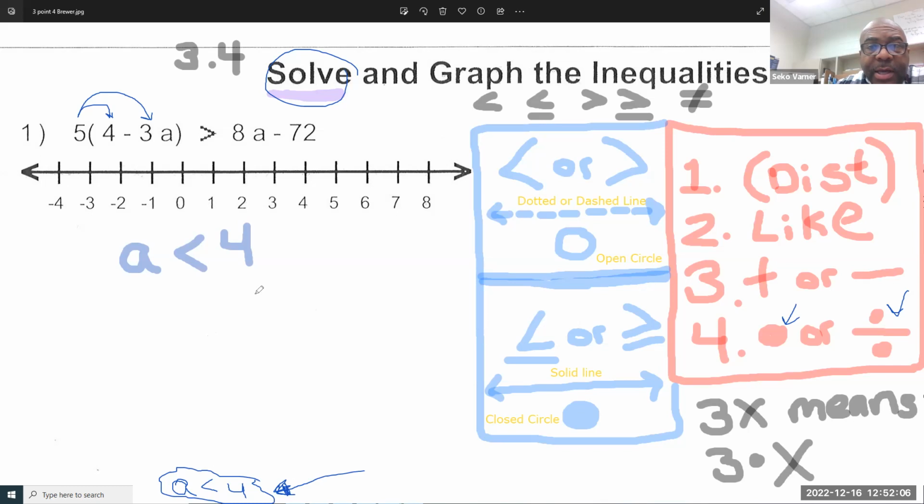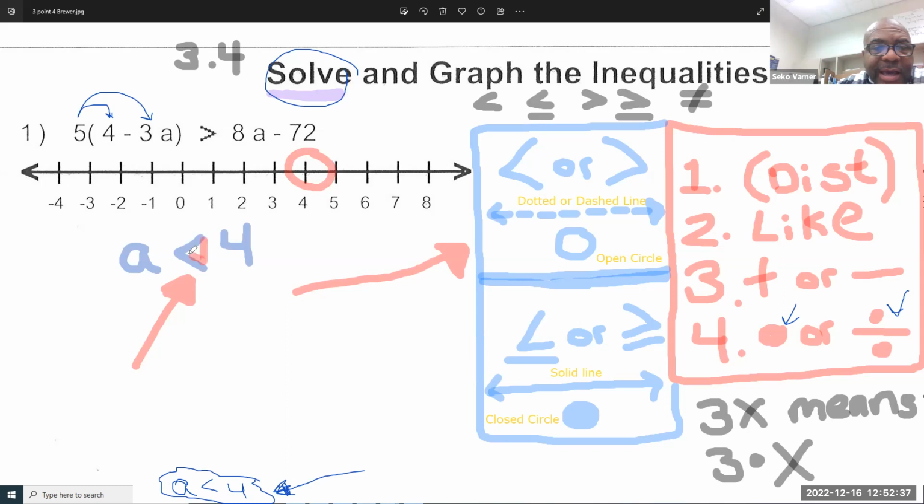Well, here, if I'm looking at what we're going to graph, we're going to graph A is less than 4. Less than means we're going to use a dashed line and an open circle. So we're going to place the open circle on 4. Okay, and it says that A is less than. Now, here's the funny thing. You see it says less than.